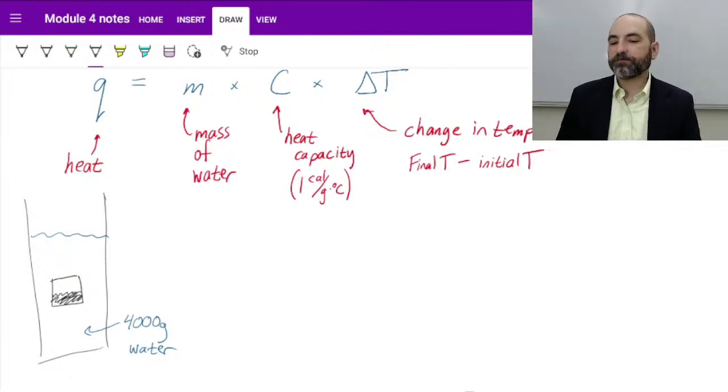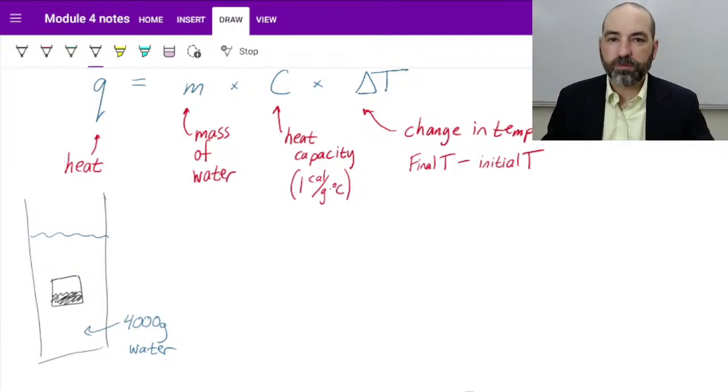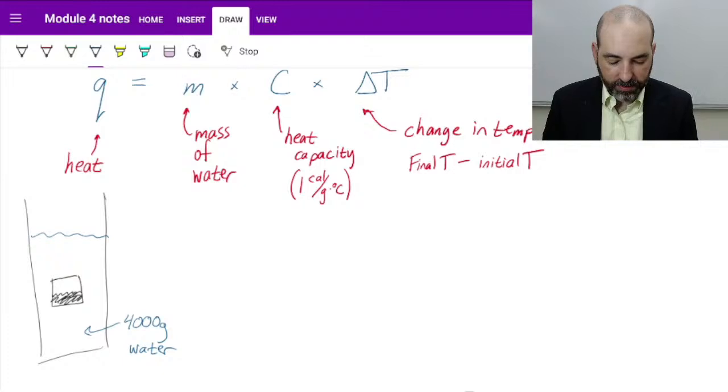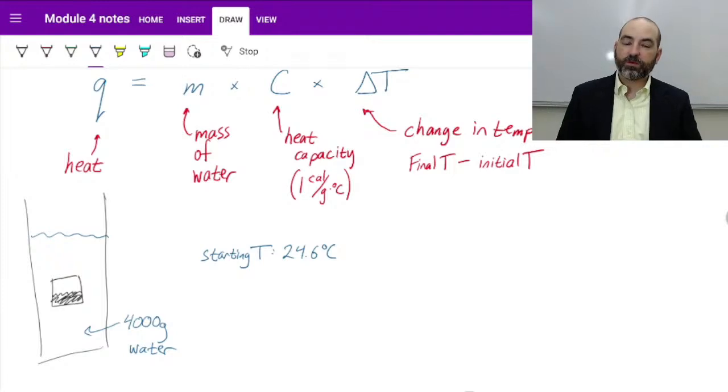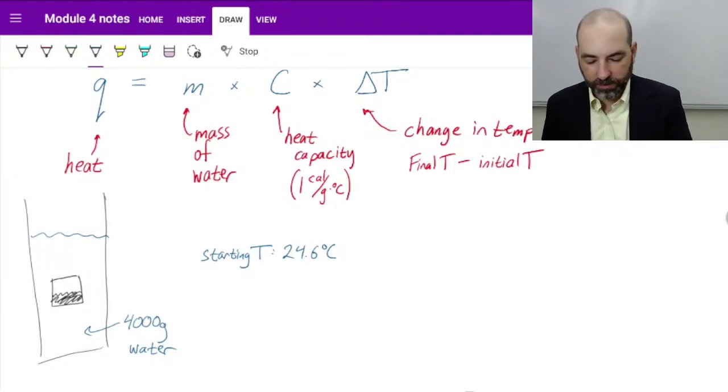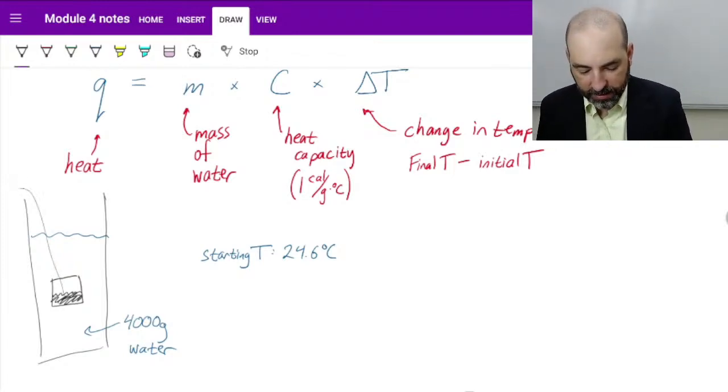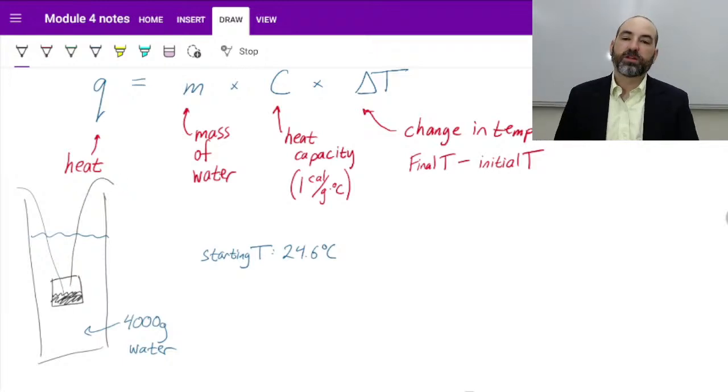We have to add oxygen so that it burns, so we pump a bunch of oxygen into it first, put it down in the water, and take our initial temperature. Let's say our initial temperature of the water is 24.6 degrees C. And then we start the reaction. The way we will do that in lab is we'll connect electrodes down into the calorimeter so that we can heat up a filament and start that combustion inside the calorimeter.